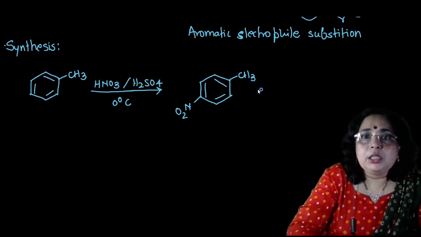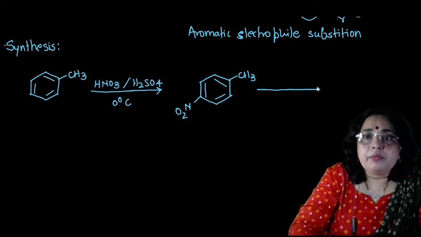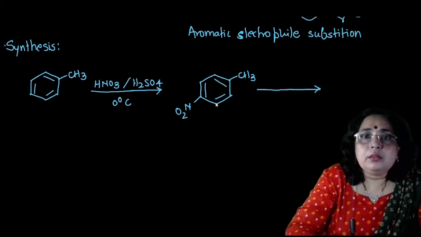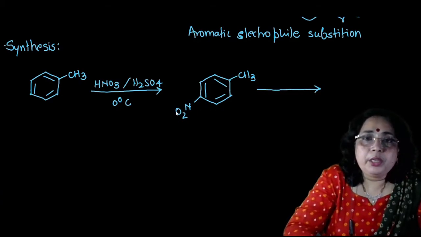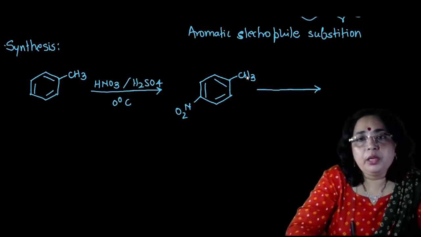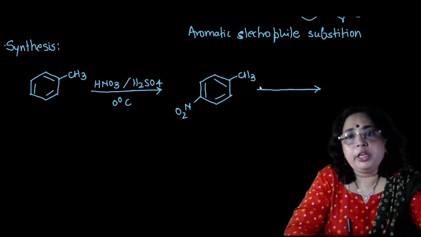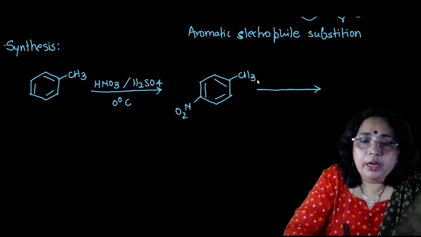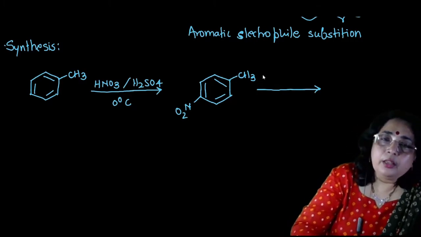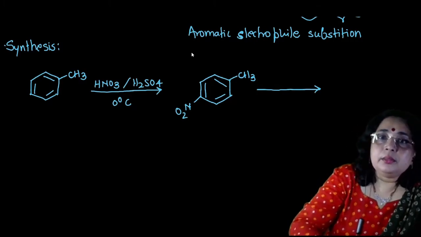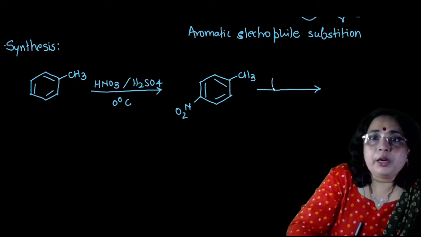Now what is the ultimate goal? This part should be reduced and this part should be oxidized. All right, so which has to be done first, the oxidation part or the reduction part? Now let us see the oxidation part we just carried out over here.